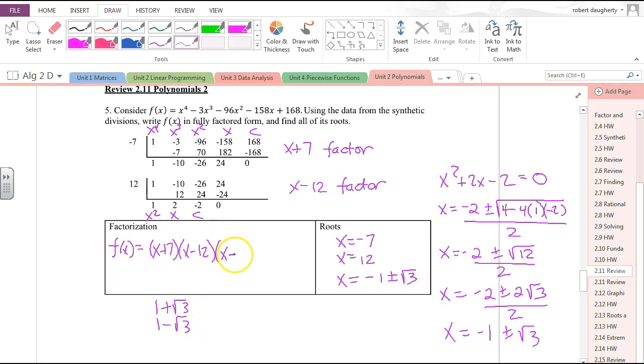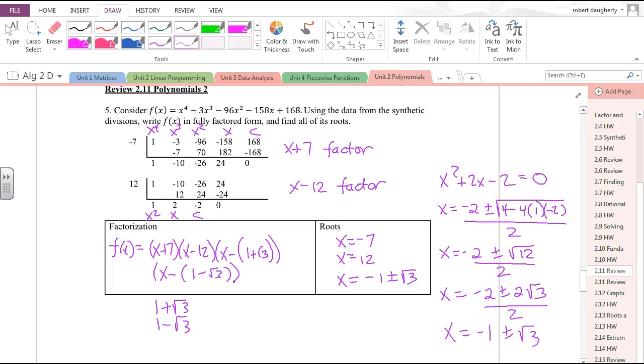So this is x minus negative 1 plus root 3, and x minus negative 1 minus root 3. So you could write it like that.